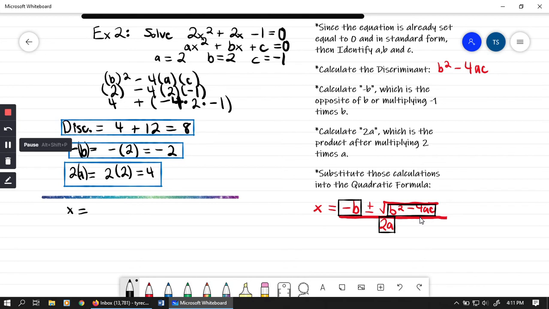X equals, again, for the opposite of b, we got -2. And then this is plus or minus the square root of, and we said that discriminant, or the radicand, the part that's up under the square root, we got 8 for that. And that's all over the 2 times a, which we got 4.